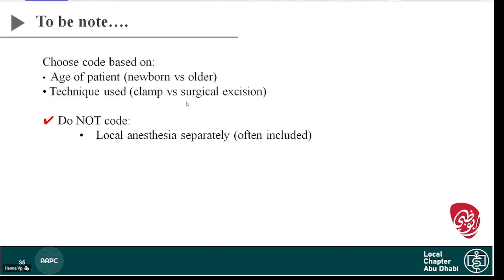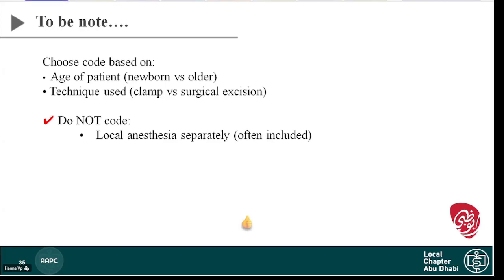And one more thing: local anesthesia is always included in the procedure. Do not code it separately. Keep in mind, local anesthesia is often included. That means do not code it, because for every procedure related to circumcision, local anesthesia is already included. Clear with this?